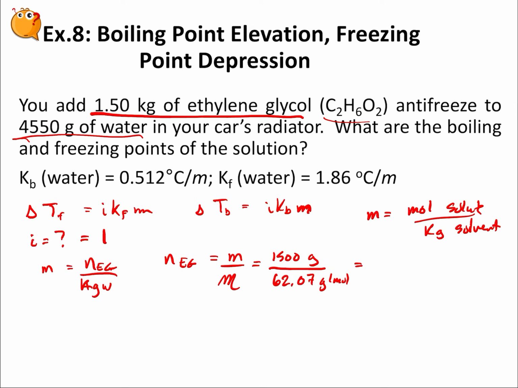And that equals 24.17 moles. So our molality of the solution is 24.17 moles divided by the number of kilograms of water, which is 4.550 kg. And that gives us a molality of 5.311.